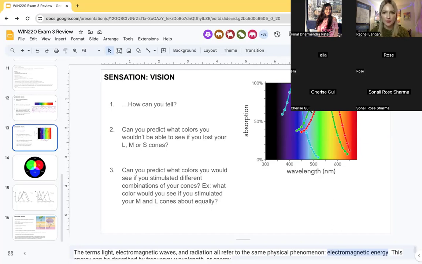If you stimulated S and M equally, cyan; a little bit more S, I would say bluish cyan or greenish cyan are things you might say. Okay, got it. Thank you. You're welcome.